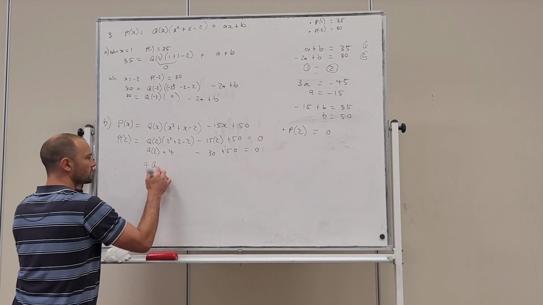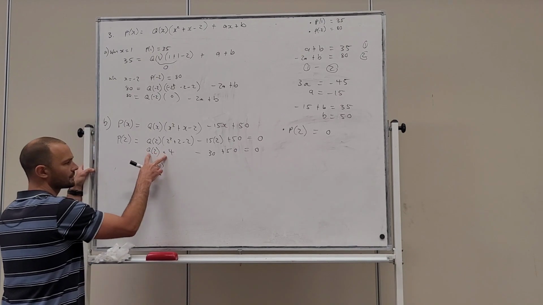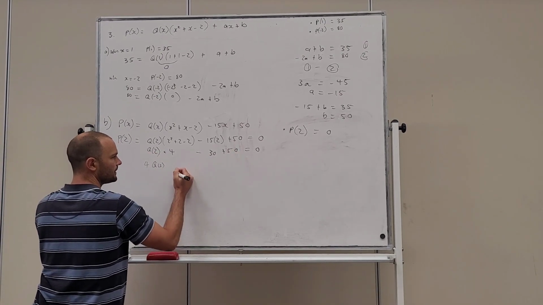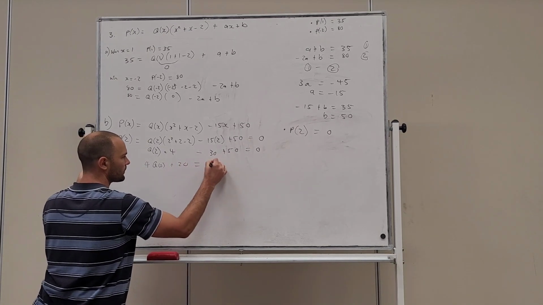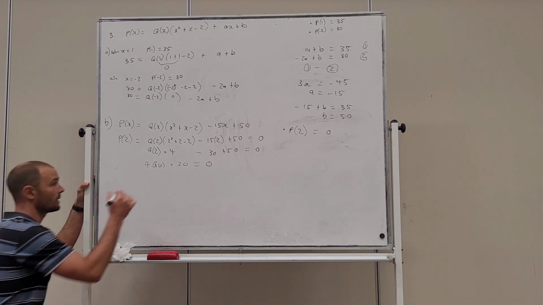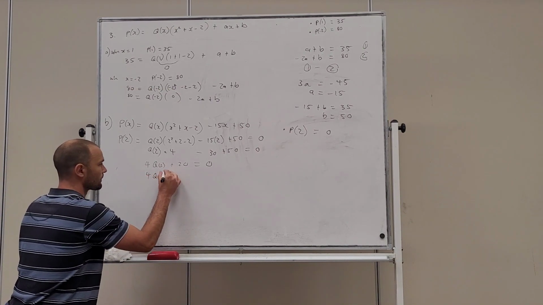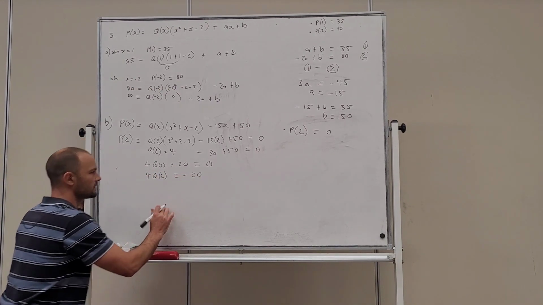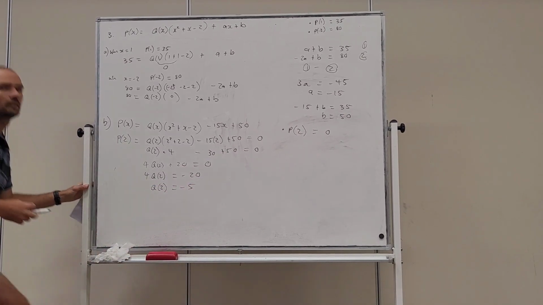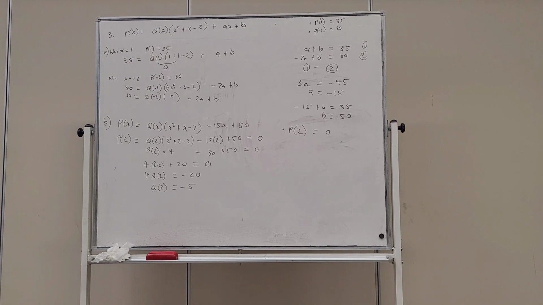We've got 4 times Q of 2, that's what this means. We've got 4 lots of the function Q of 2, minus 30 plus 50, that gives you positive 20. And we're just solving this for Q of 2. We'll subtract 20 from both sides, and then divide both sides by 4. There we are.